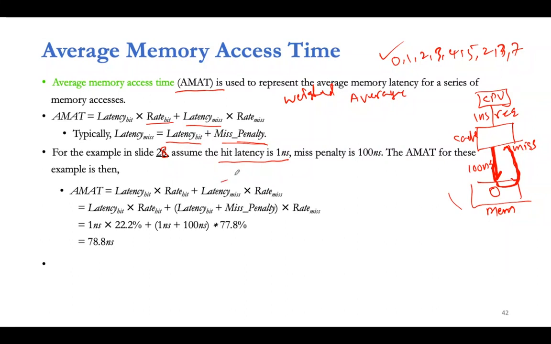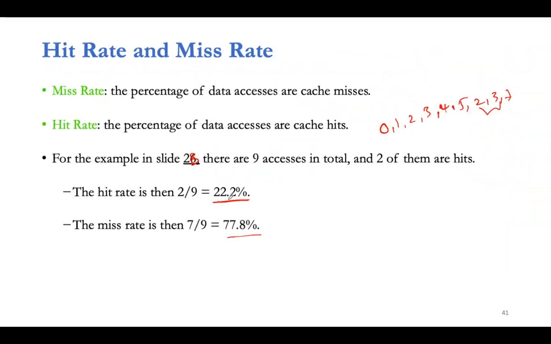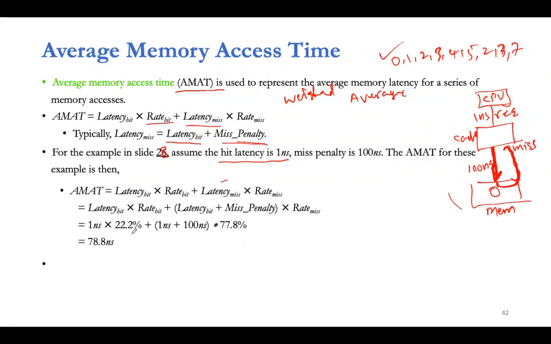So latency miss means how we are calculating the hit plus your miss penalty. Now this latency hit is 1 nanosecond multiplied by your hit rate. Hit rate which we calculated here is 22.2%, plus your latency miss, which means latency hit plus your miss penalty.